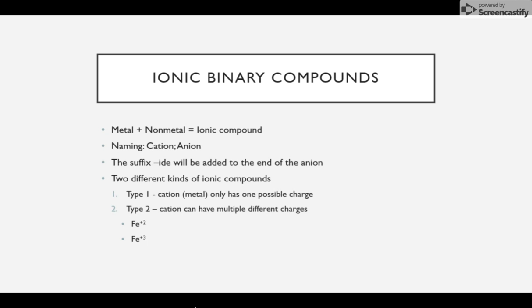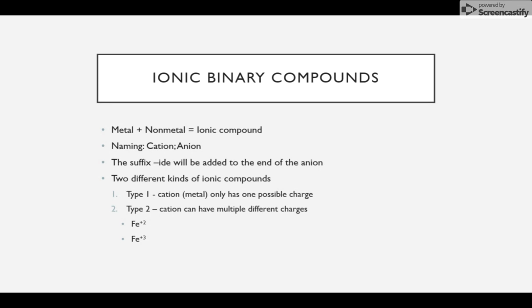These are cations that have multiple different charges, and a very common one is iron. Here I've listed just two really common ones, the Fe+2 and the Fe+3.